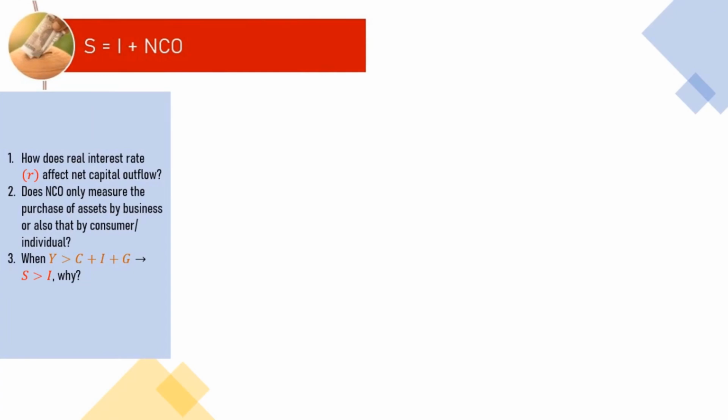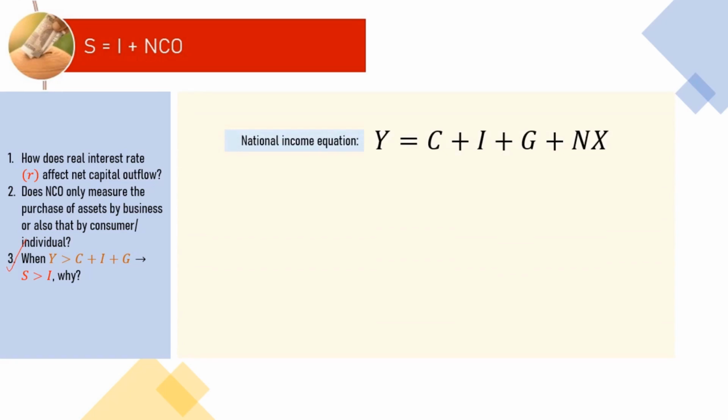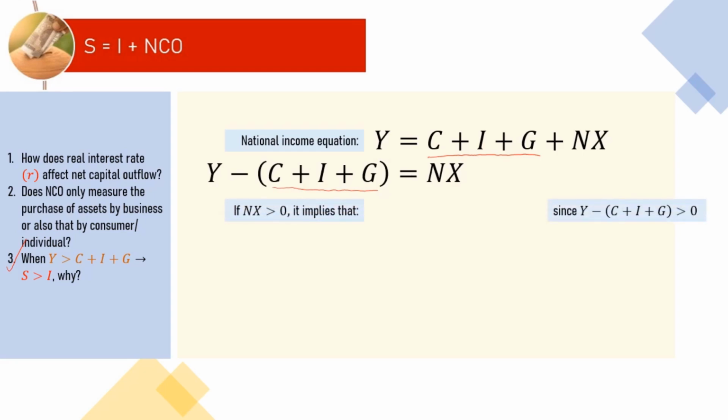Answering the third question is just a matter of adjusting the national income equation. In an open economy, national income is expressed by this equation. Moving the spending, C, I, G, to the left, the equation becomes this. When NX is positive, the left side of the equation is positive.